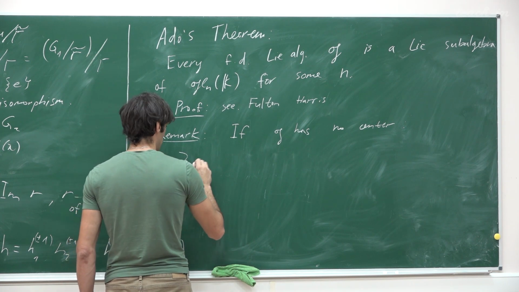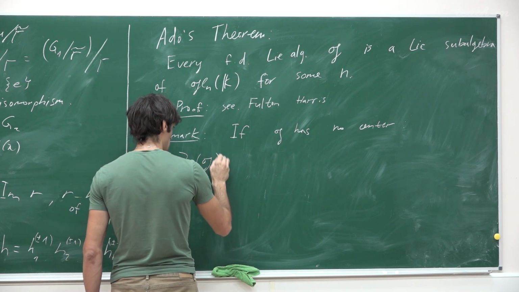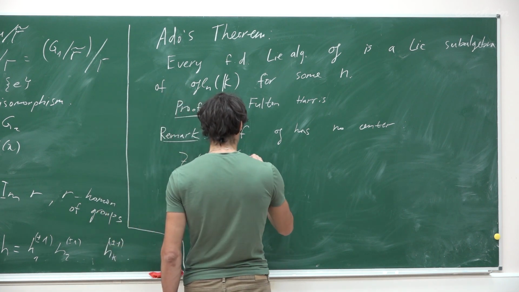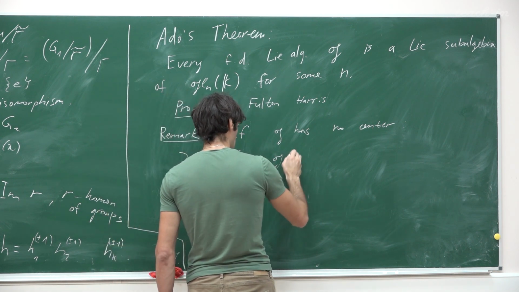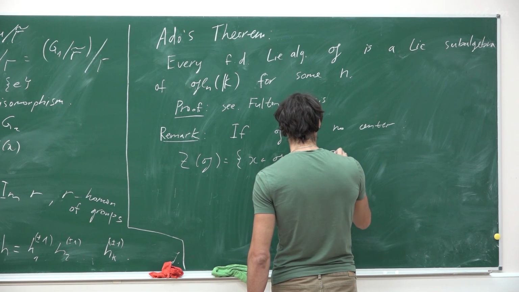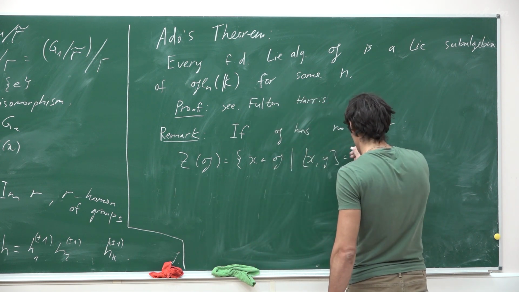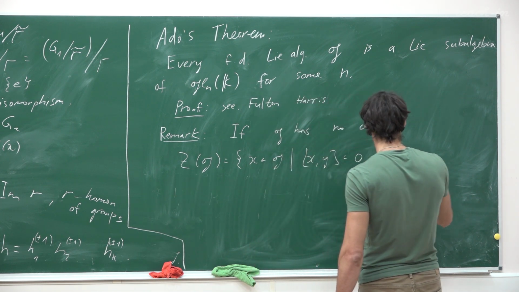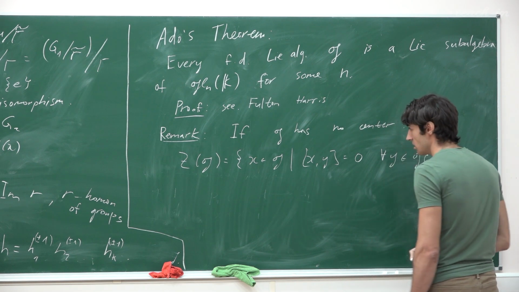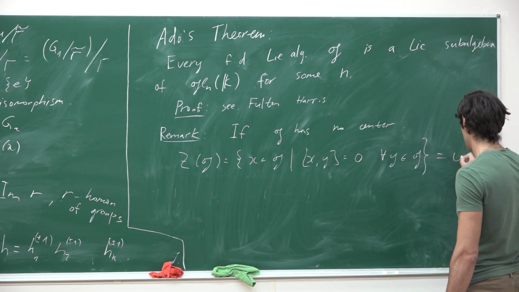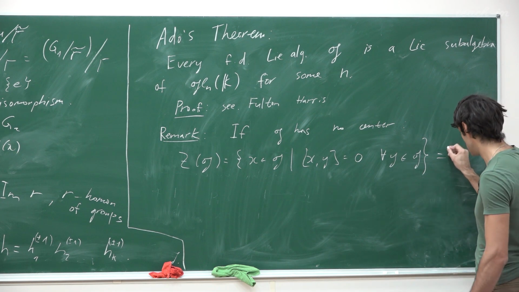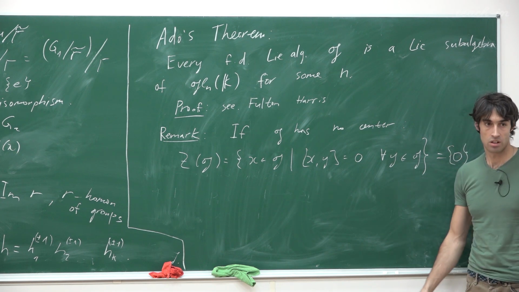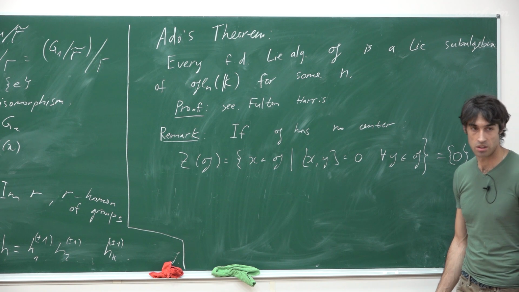The center of g consists of all elements X in g such that they commute with any Y in g. And no center means that this is just 0. Then you can use adjoint. Yes, exactly.